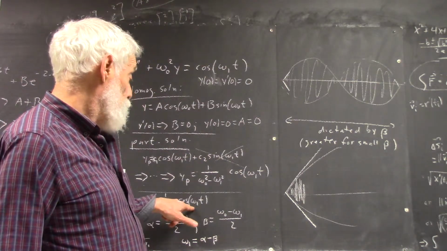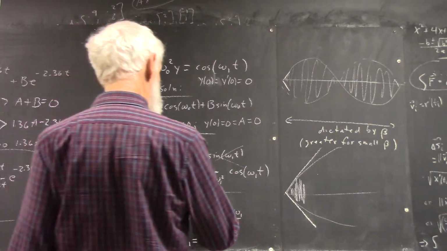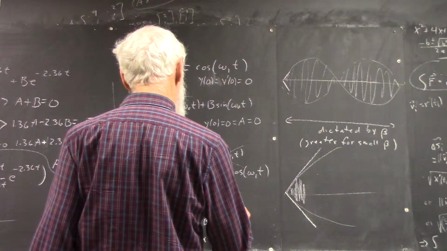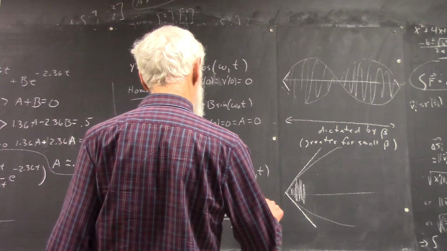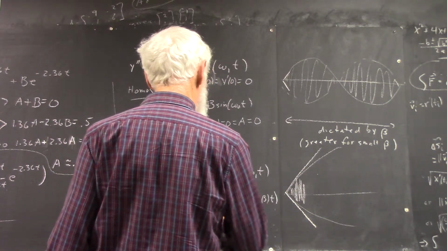Well, cosine of omega 1t is a cosine now of this, which equals what?